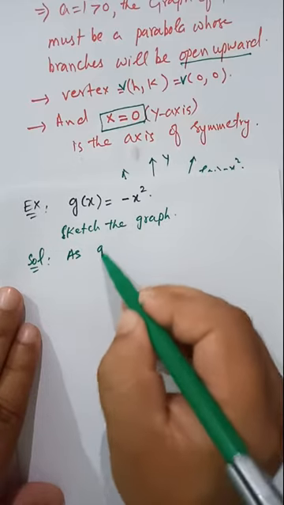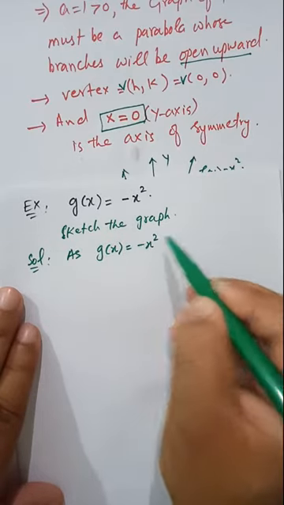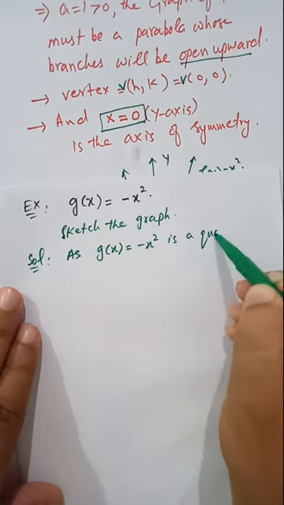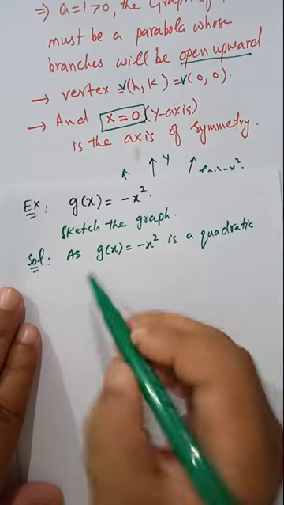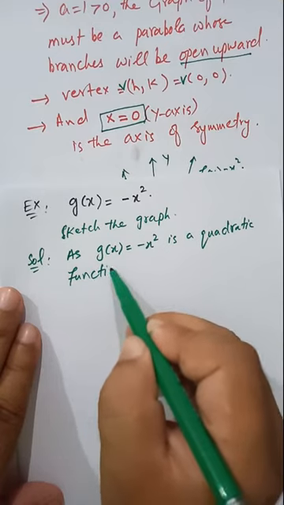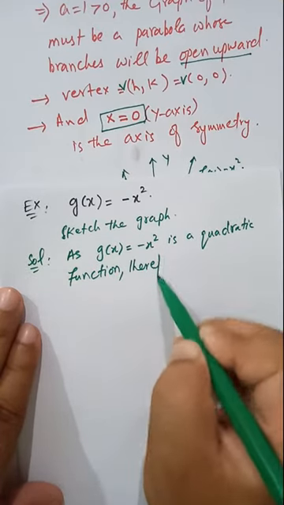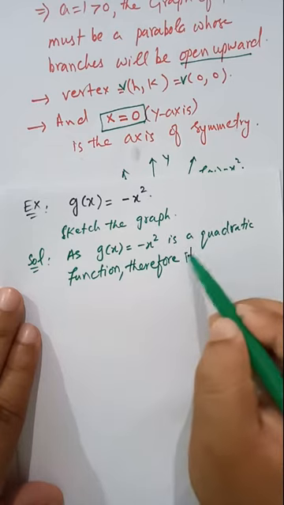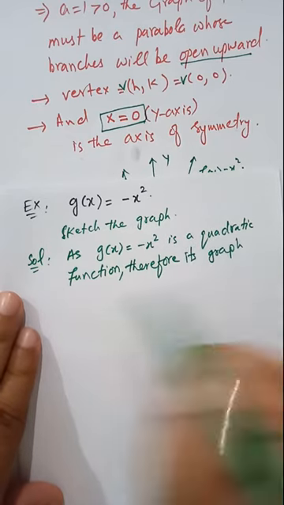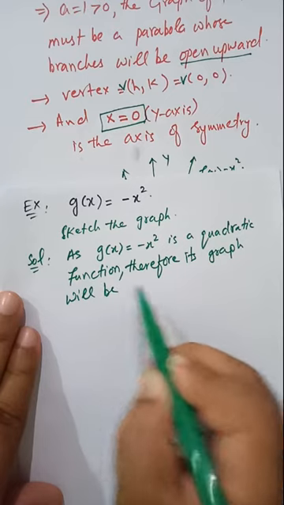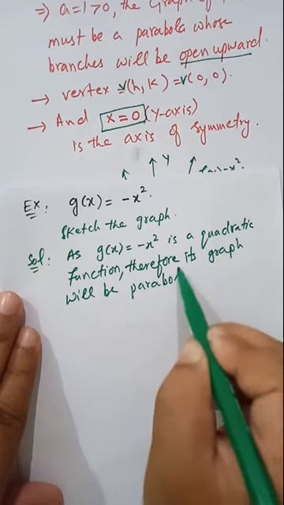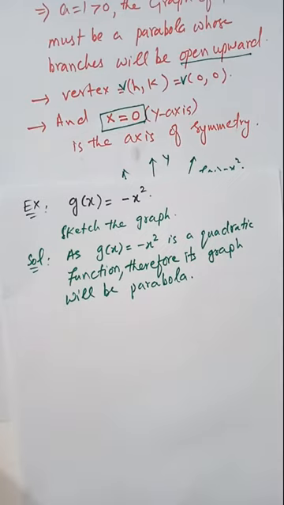g of x is equal to minus x square is a quadratic function, therefore its graph will always be a parabola, a U shape. Now you need to decide whether the branches of that parabola open upward or downward, what will be the axis of the parabola, and what will be the vertex.